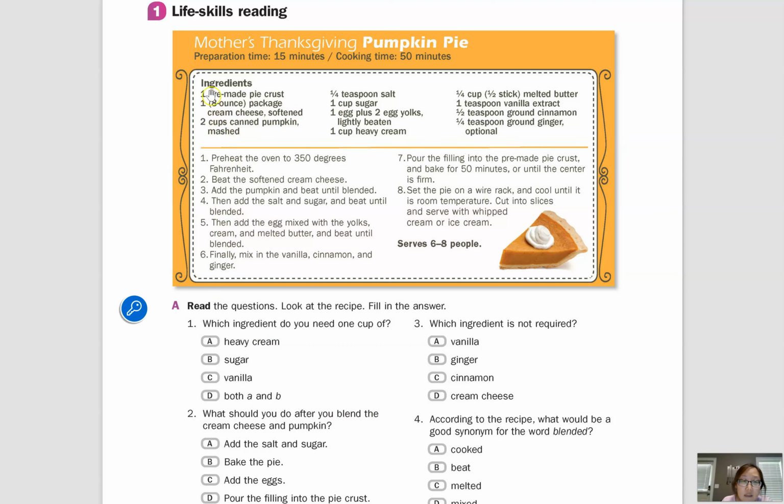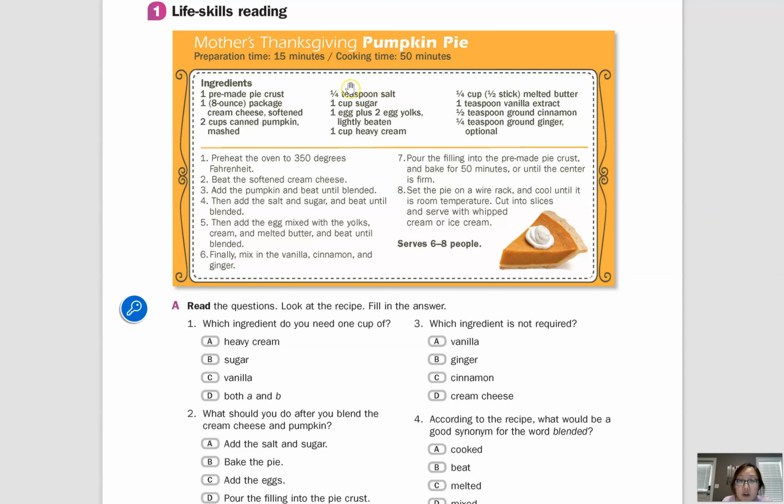But when you see the ingredients, you can see how people use countable and non-countable nouns. For example, pie crust is countable. So you can just say one pre-made pie crust, but something like salt or sugar is not countable.